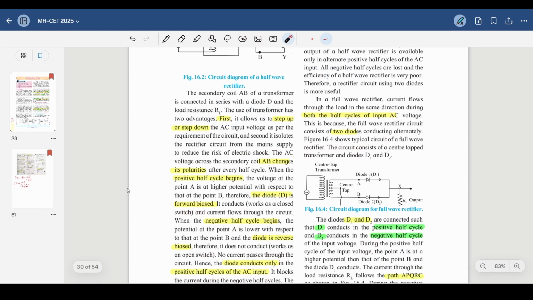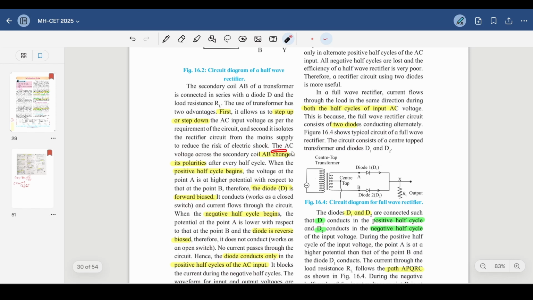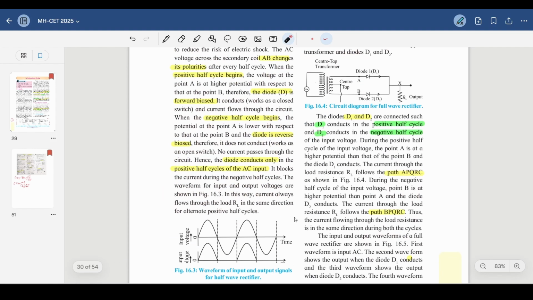As the AC voltage across the secondary changes its polarity after each half cycle, when the positive half cycle begins, the diode is forward biased. Similarly, when the negative half cycle begins, the diode is reverse biased. Hence, it conducts only the positive half cycle of the AC input, as you can see in the waveform.